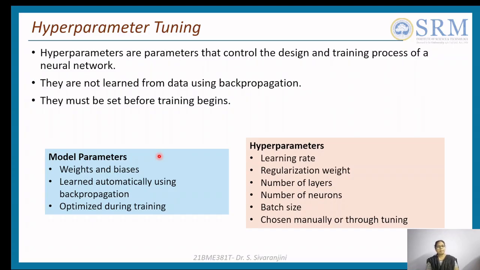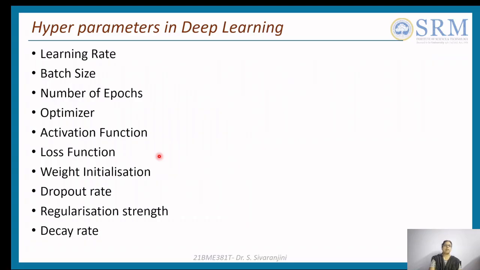But hyperparameters are set manually or tuned accordingly. Examples of hyperparameters are the learning rate, regularization weight, number of layers, number of neurons and batch size, and they are chosen manually or through tuning.